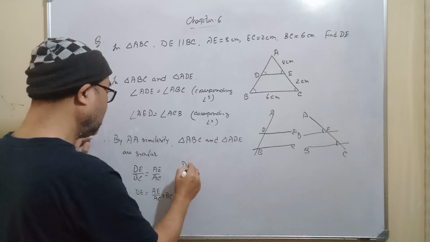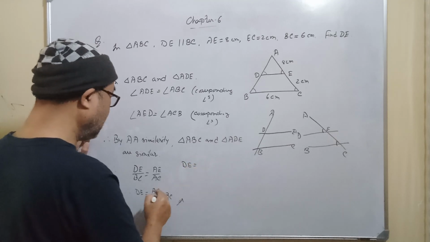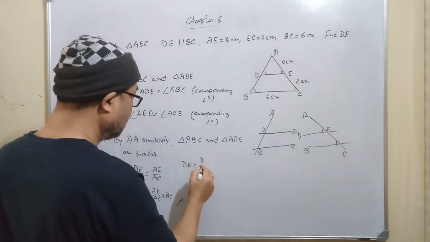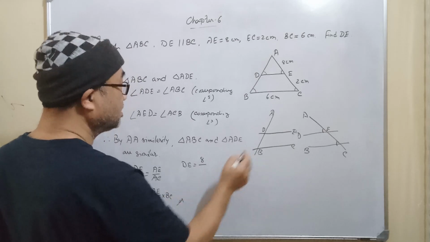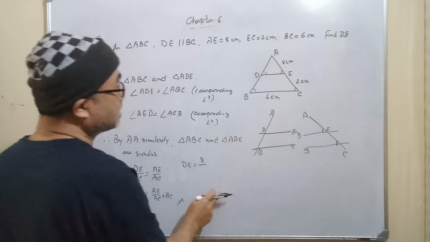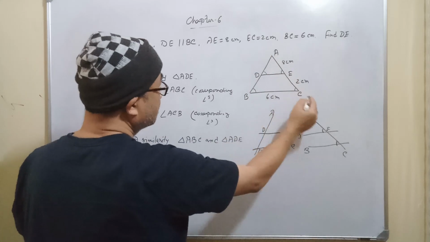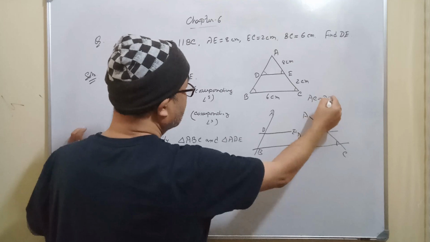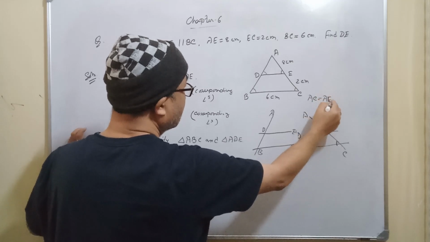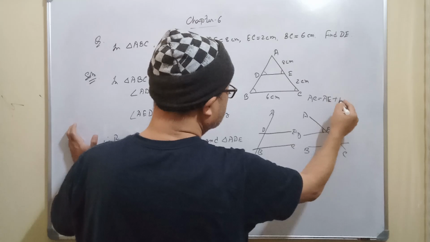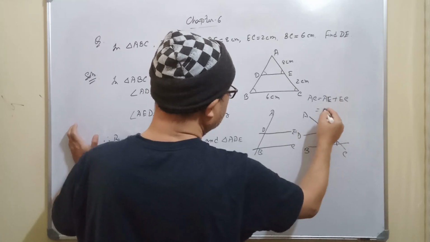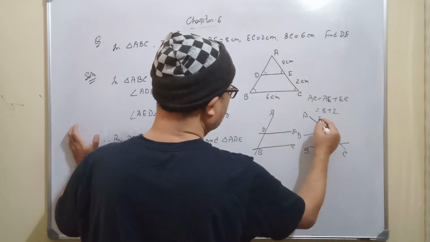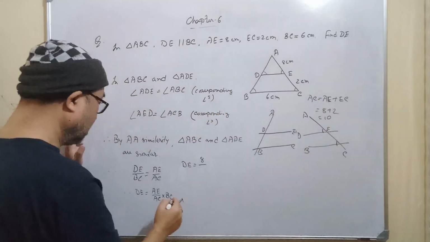Let us continue it here. So DE is equal to, what is AE? AE is 8 centimeter. 8 divided by AC. What is AC? AC is the summation of AE plus EC. AE is 8, EC is 2. So we get 10. So AC is 10.